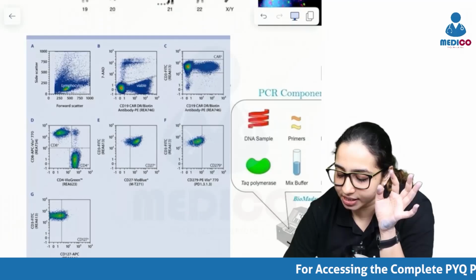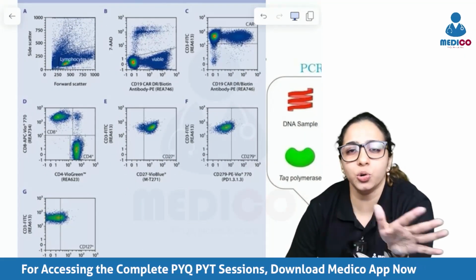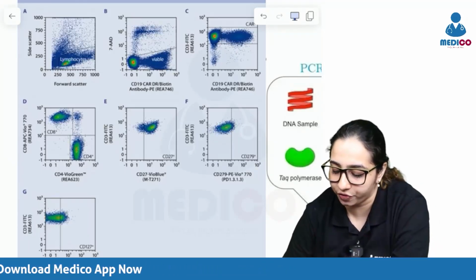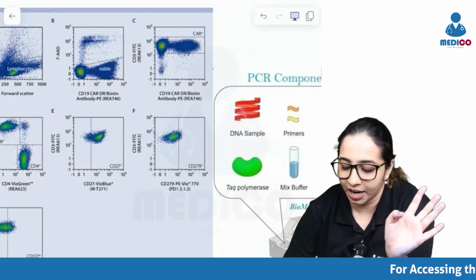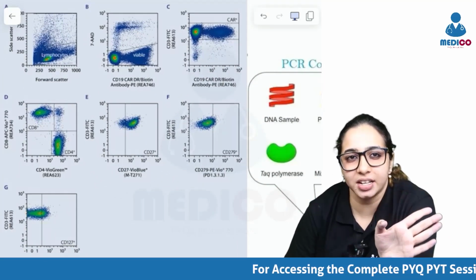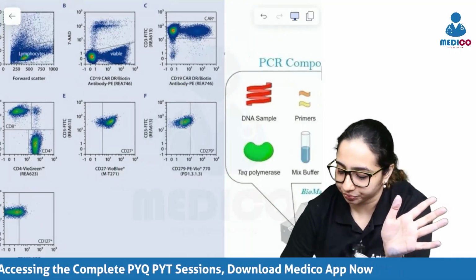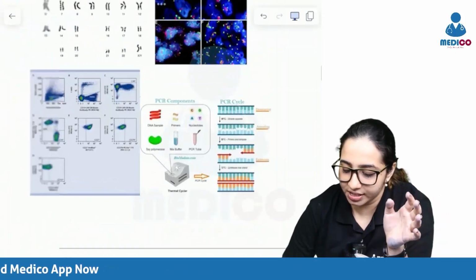And then this is a flow cytometry picture. I don't want you to read what is happening here. I just want you to know that if you see such a picture, it is flow cytometry. It is a method of identifying cells, commonly used in peripheral blood or tissue. And here you have your PCR, which is the next option.